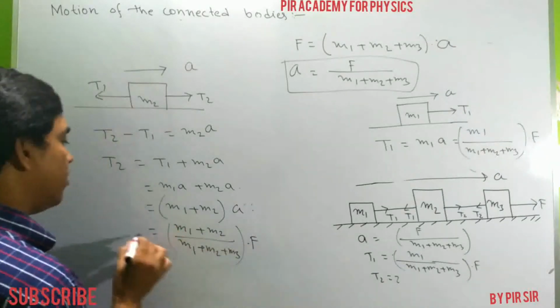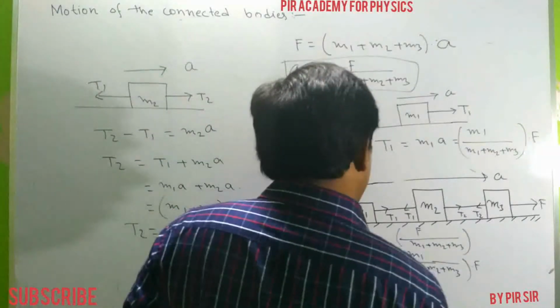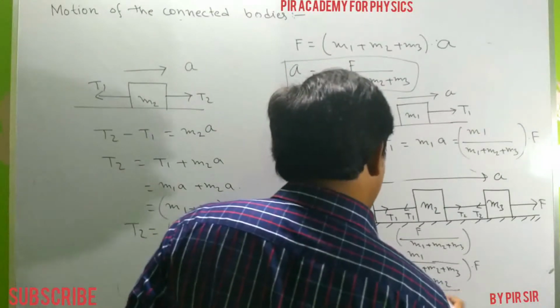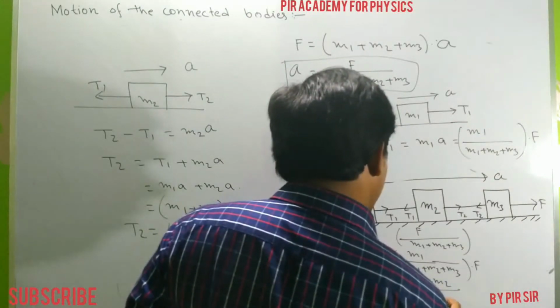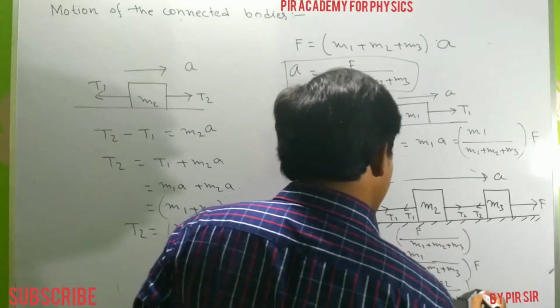So T2 equals M1 plus M2 divided by M1 plus M2 plus M3 into F.